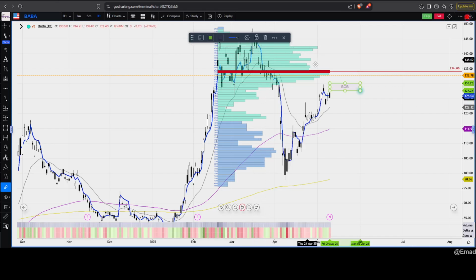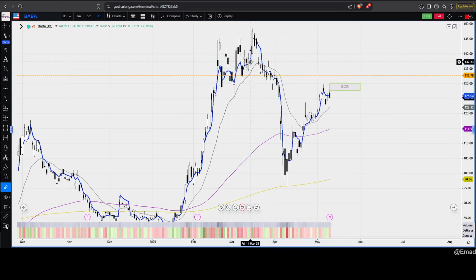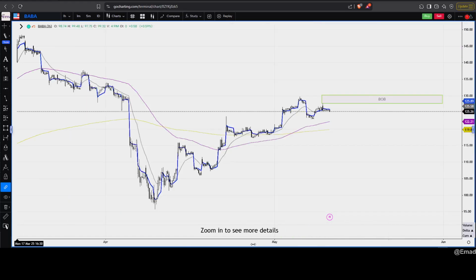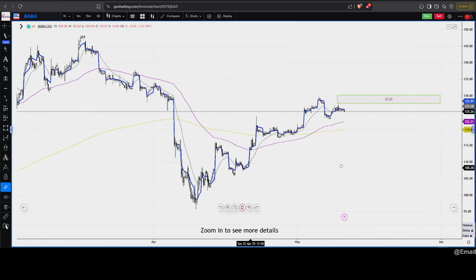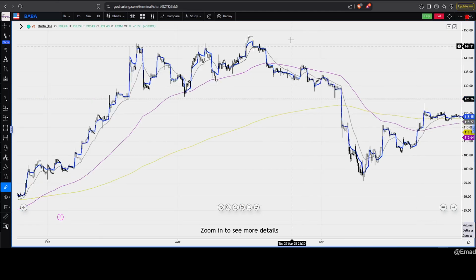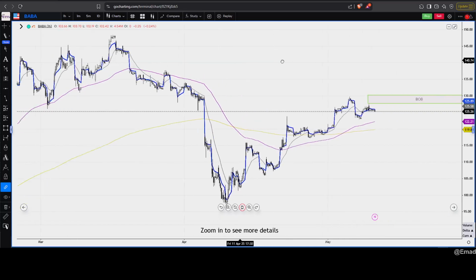As for resistance, let's see which area might be interesting. There is random volume done. Actually, you know what? Let's go to 1 hour and set the resistance area based on where there are a lot of wicks. This line has a lot of wicks. 141. The price might not go till there though.